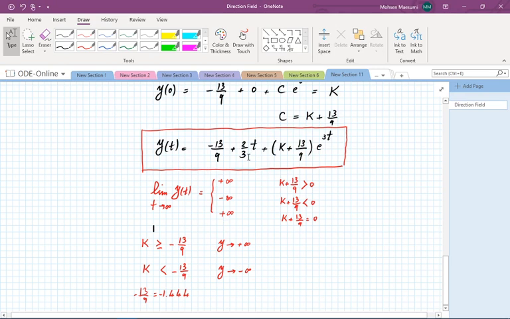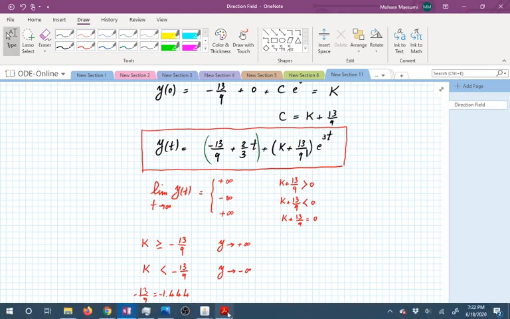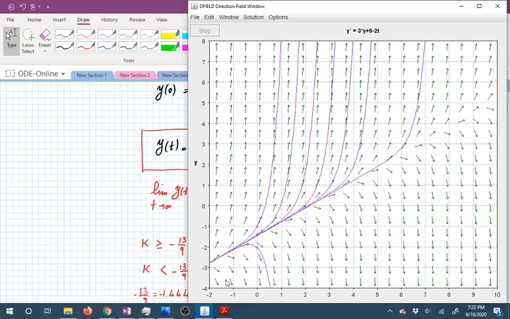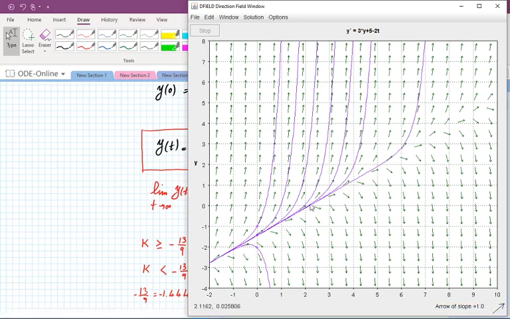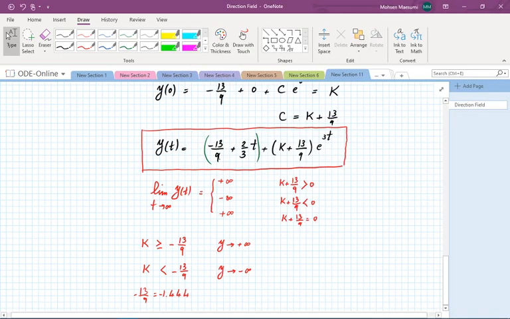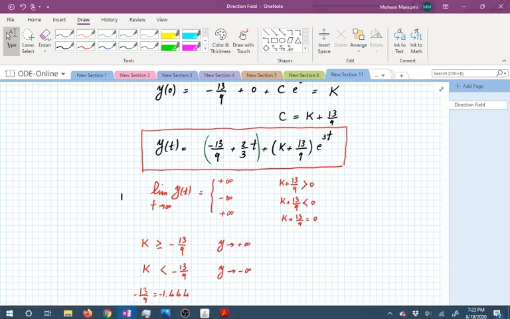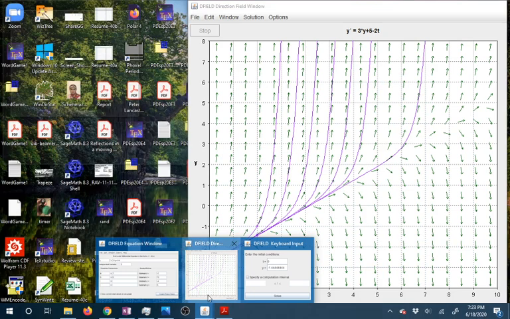Now, some more discussion of this equation. This portion of it is called the asymptote of the solution. This is the equation of a line, exactly the line that you see here. Everybody is crowding around this line, which is the one we saw in this expression, -13/9 plus 2/3 of t.